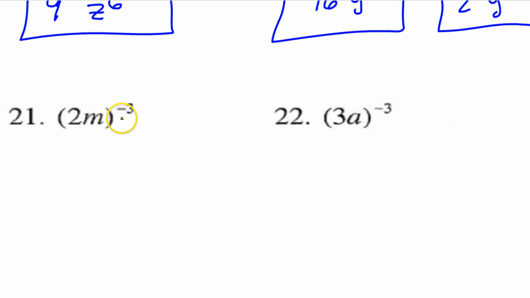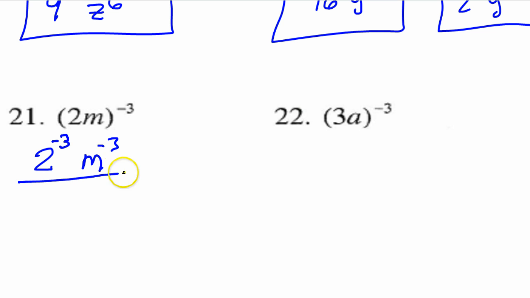So many ways to think about this. I'm going to think about it this way. When you have more than one factor and you are applying a power, you're applying the power to each one of those things. So this is like having 2 to the negative 3 power and m to the negative 3 power. A negative power drops you down.